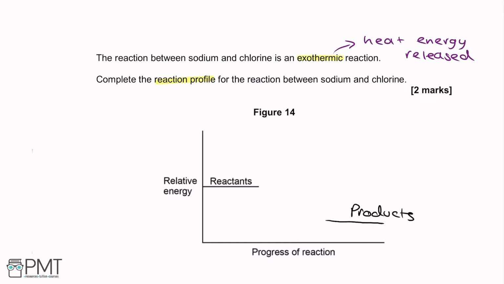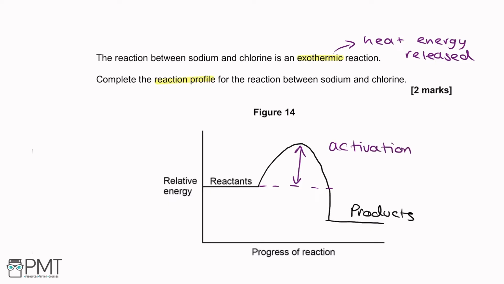So now all we need to do is join that line for the reactants and the products, and we do that using a curve. Now the curve goes up and down. Forms a sort of hill shape. And if you remember, this change in energy here, we call the activation energy.